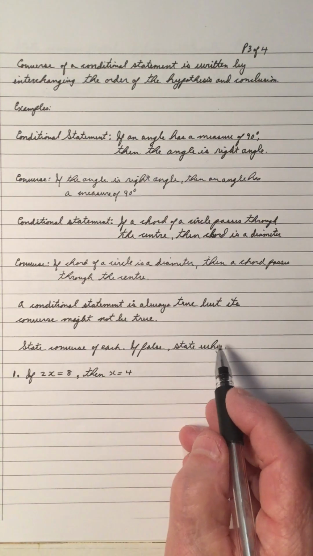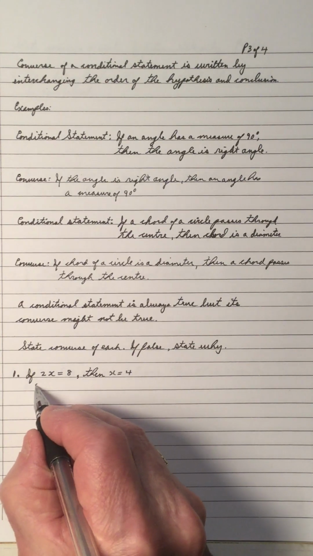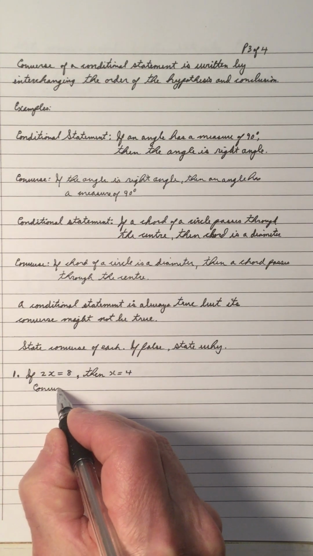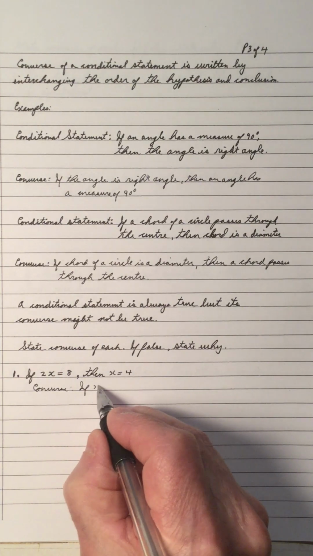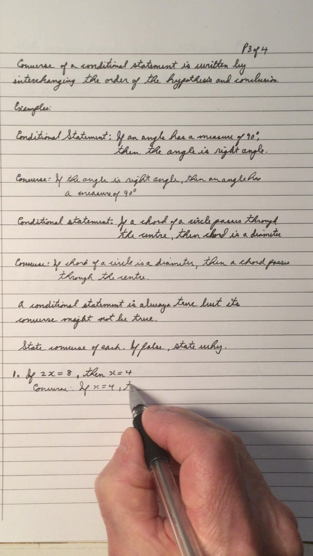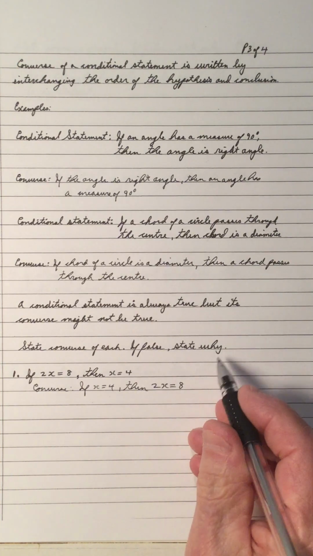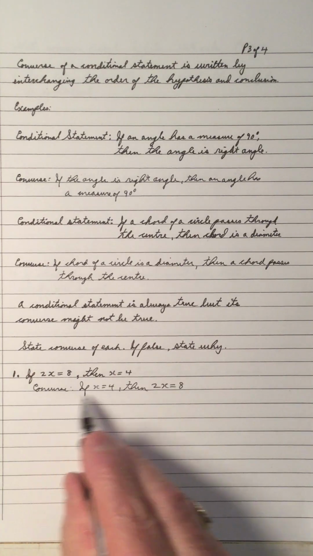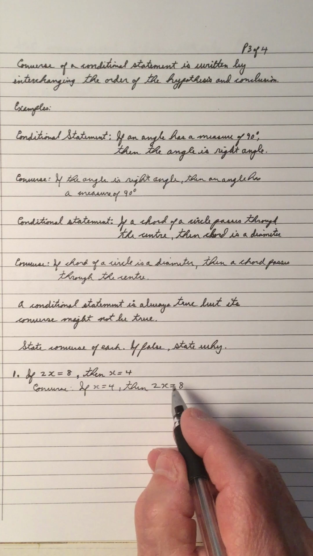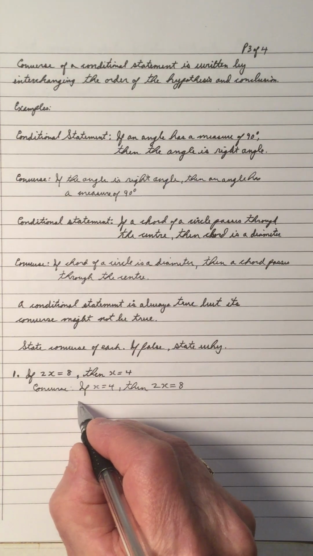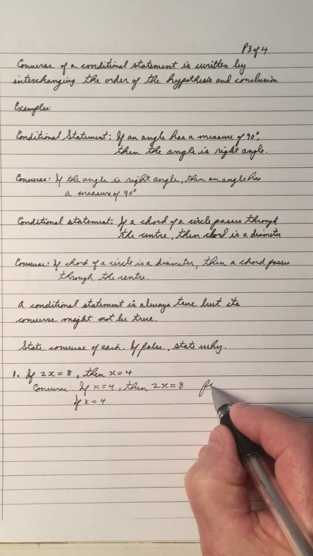If false, state why. If 2x equals 8, then x is 4. So its converse is: if x equals 4, then 2x equals 8. But is the converse true? It's false.